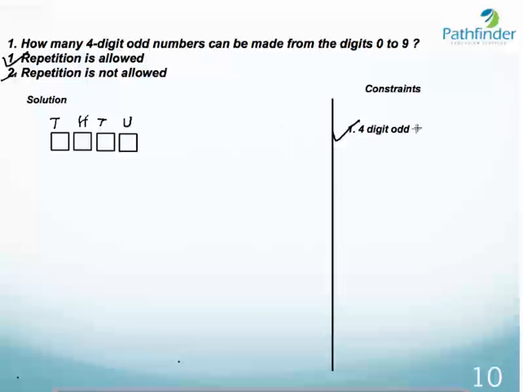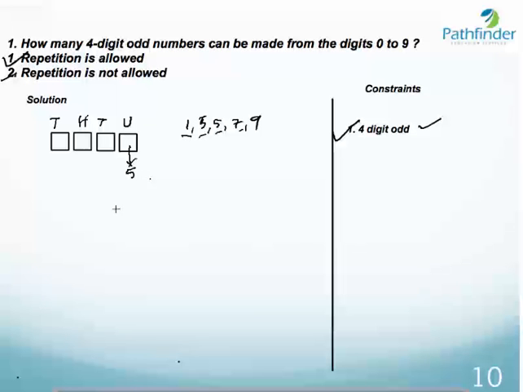Now, because we require an odd number, which digits can be placed at the units place? Obviously, the units place must have odd digits only. Which are the odd digits? 1, 3, 5, 7 and 9. There are only 5 digits which can be used in the units place. So the units place can be filled in 5 ways.